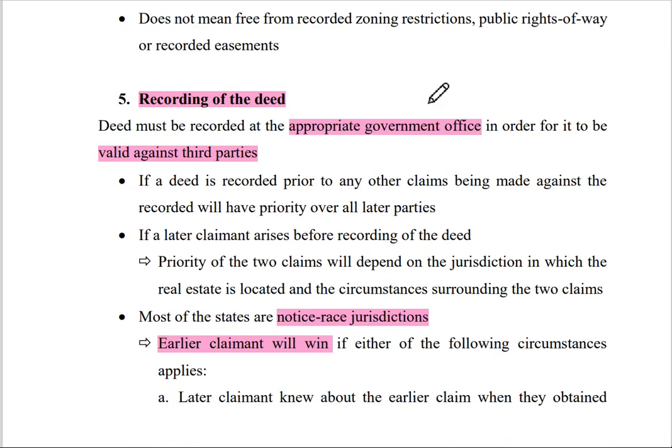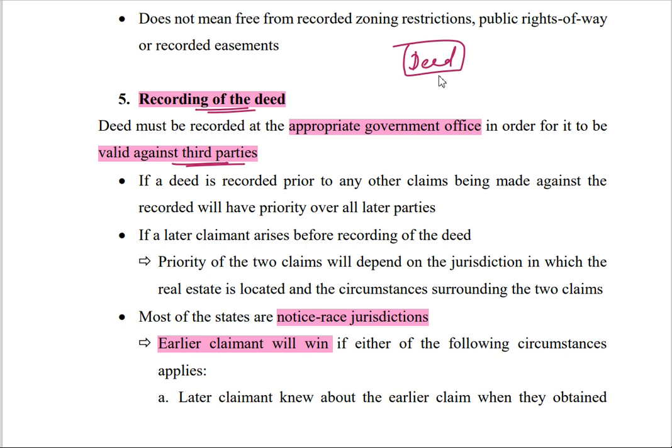So a transferor and transferee do not need to record the deed unless it is for claims against third parties. So between them, the deed is enough. But why would you get it recorded? Because there could be other third parties who will raise a claim on this.